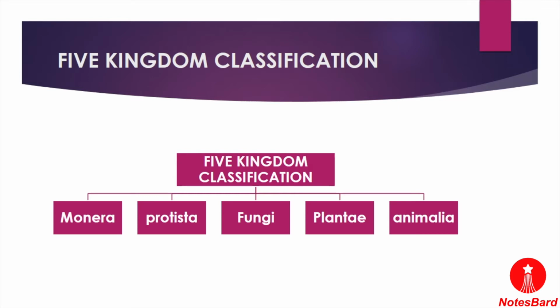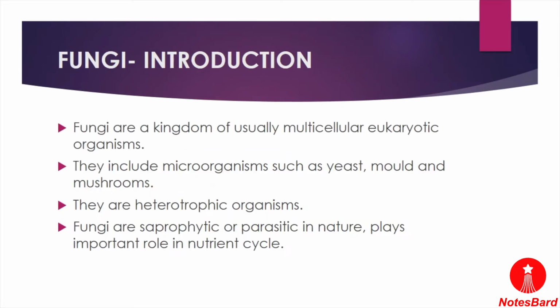What are fungi, what is the structure of fungus, and what is the mode of nutrition and mode of reproduction of the fungus. So let's start with the introductory part about fungi and some characteristic features. As we have discussed, fungi is a kingdom and it usually consists of multicellular eukaryotic organisms, but it also consists of some unicellular organisms.